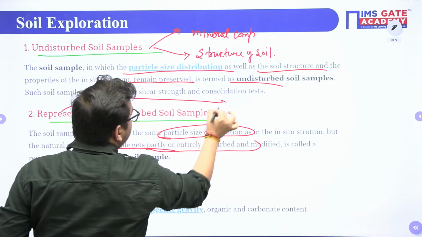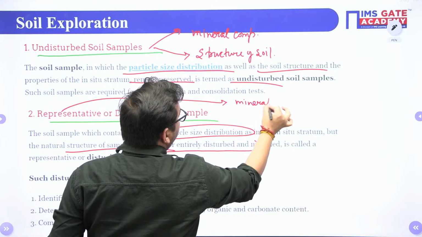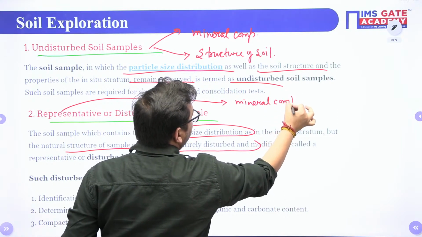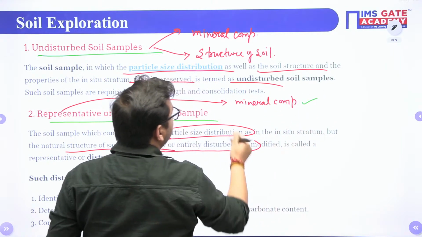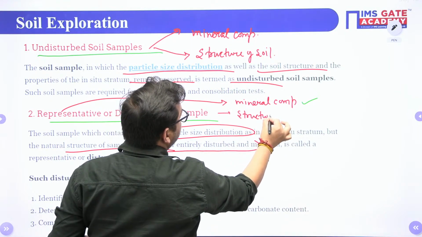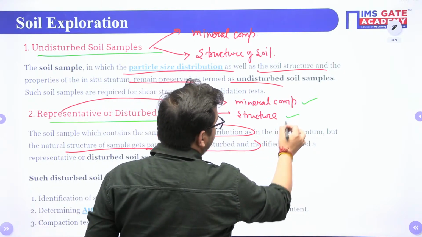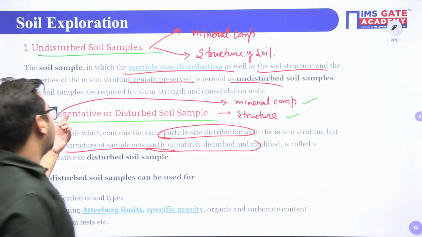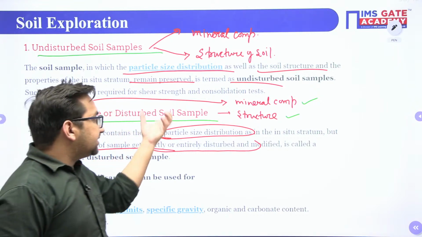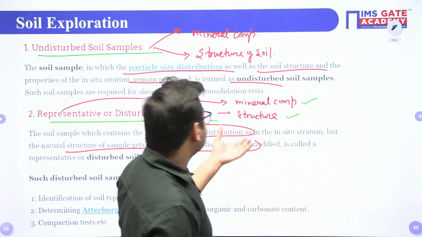It means the mineral composition is preserved but there is a slight change in structure. So you will say it is a representative sample. Whereas in a disturbed sample, if the mineral composition also gets changed, you will call it a disturbed sample.